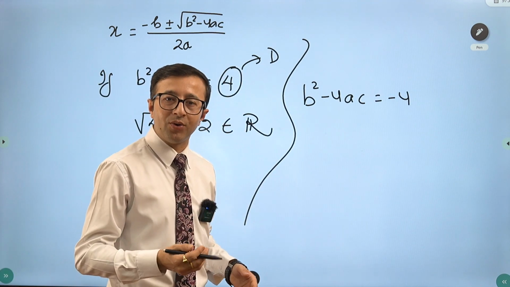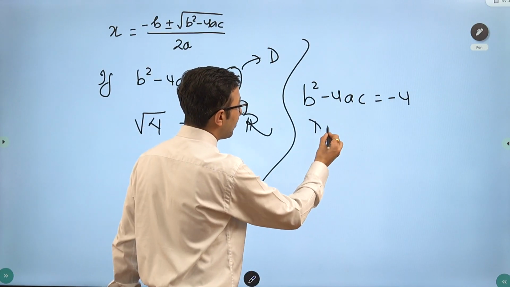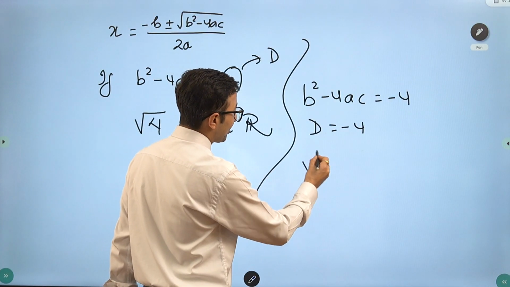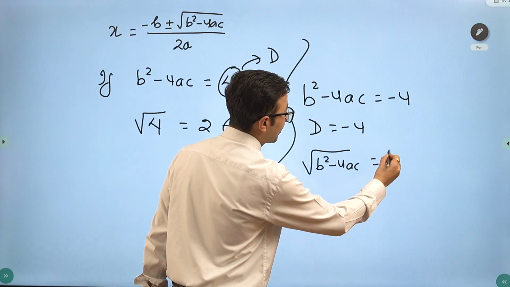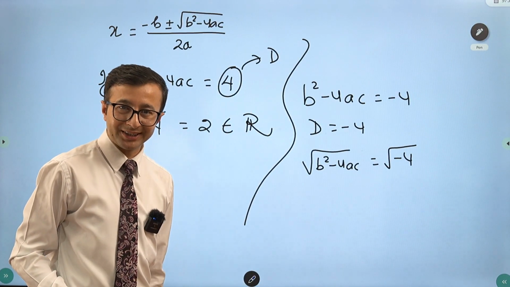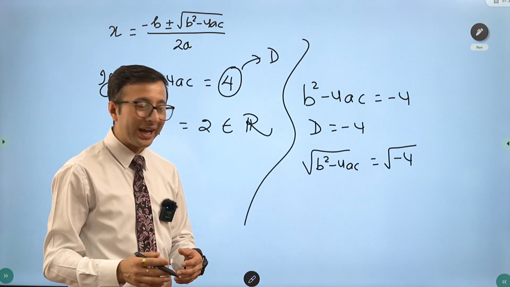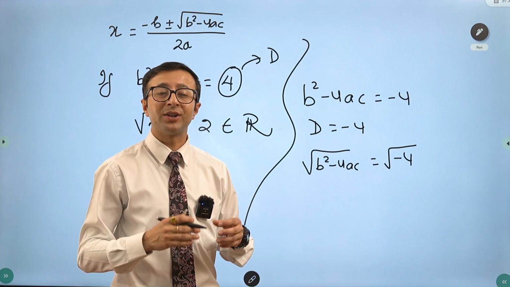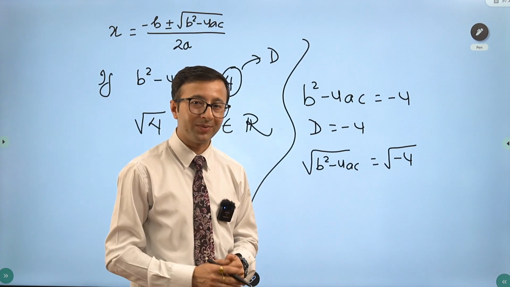But instead of 4, if we have minus 4 in place of b square minus 4ac, that is, the value of d is minus 4, then look here, the square root of b square minus 4ac is equal to the square root of minus 4. Now how much is this? Is it minus 2? No, because the square of minus 2 cannot give us minus 4, because a negative number to an even power is always a positive number.